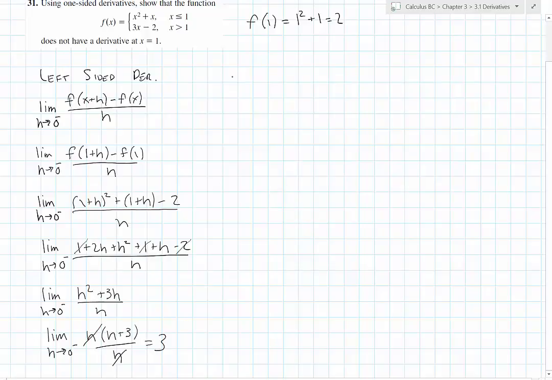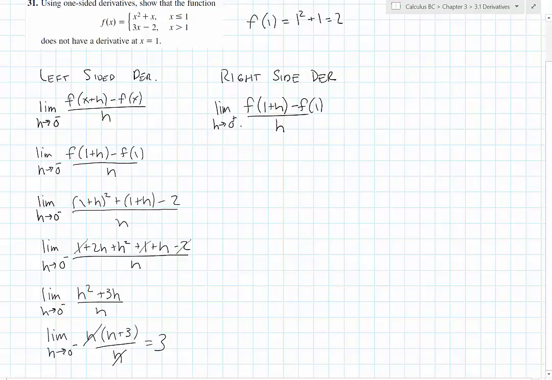Great. Now what about the right-sided derivative? Well, that's going to be the limit as h approaches 0 from the positive side of f of 1 plus h minus f of 1 over h.